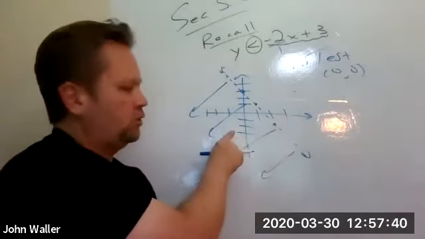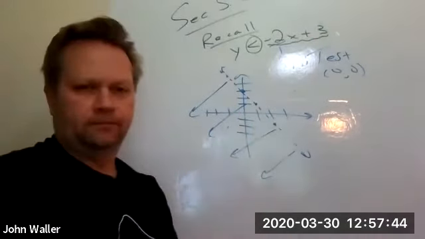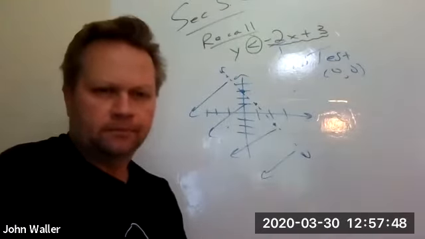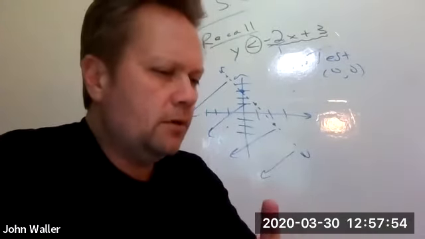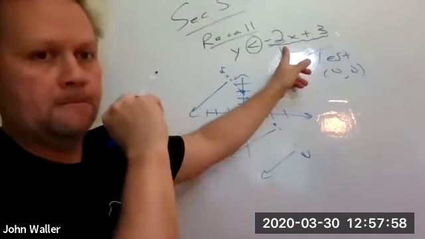So tell me, why did we shade this in? What does it mean about that point? What's special about that point? It's on the shaded side. What does that mean? If I put that point's coordinates in, what would happen?